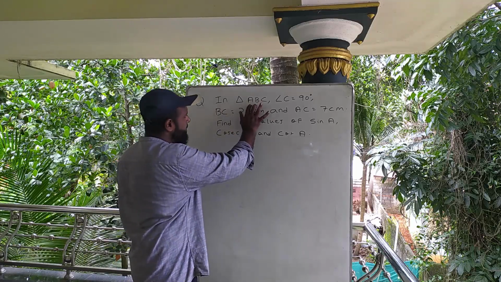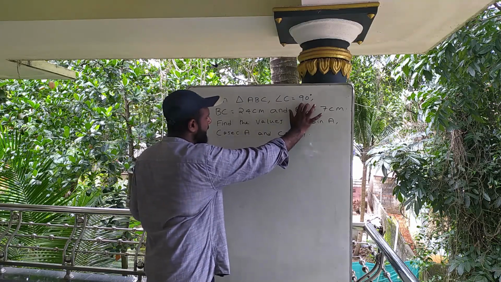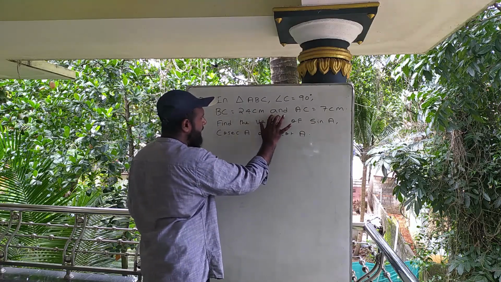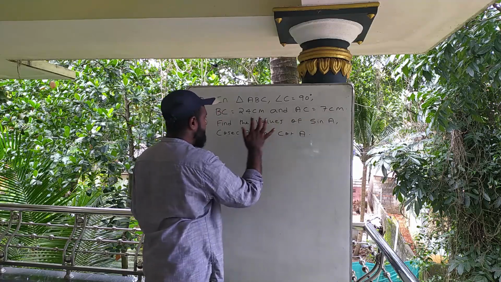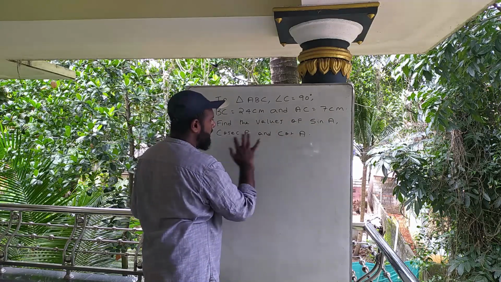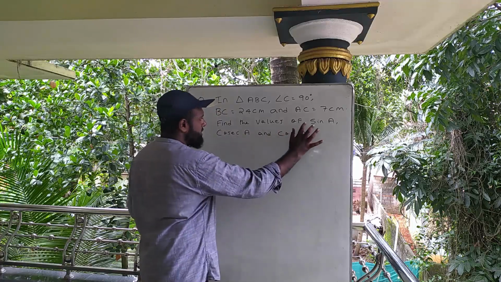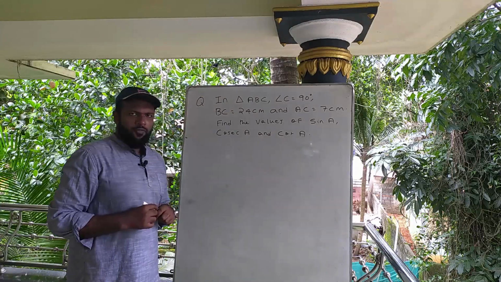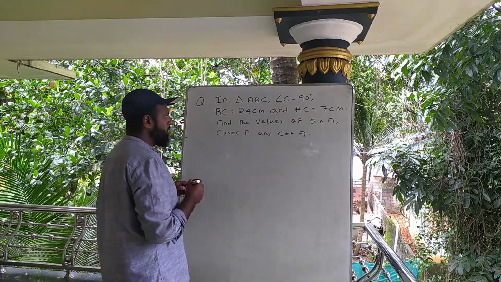In triangle ABC, angle C equal to 90 degree, BC equal to 24 centimeter and AC equal to 7 centimeter. Find the values of sin A, cosec A and cot A. First of all we have to draw the triangle.